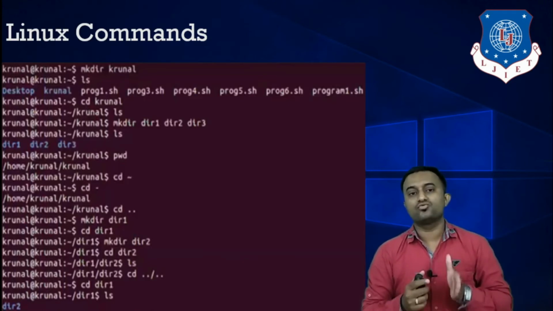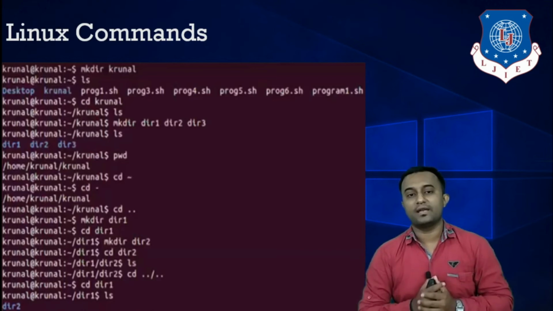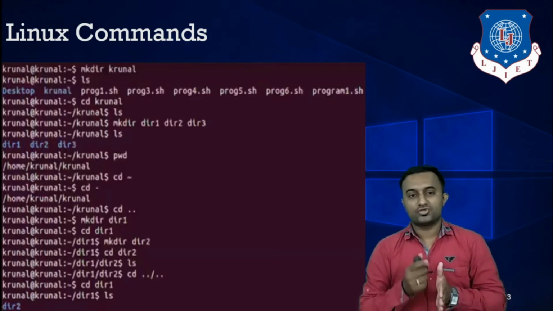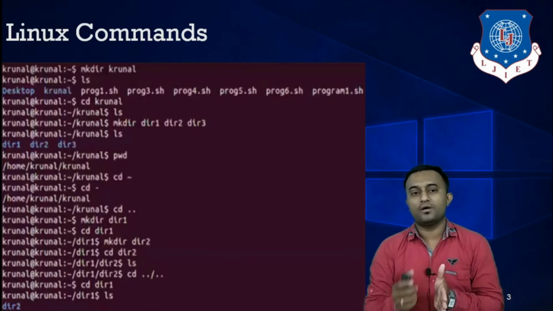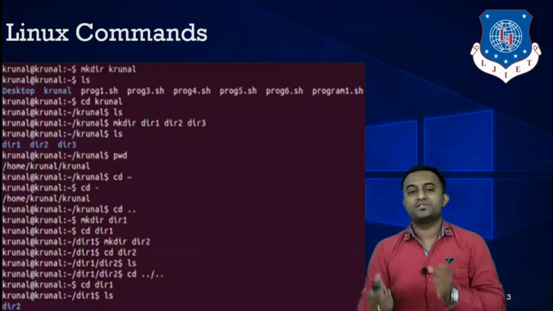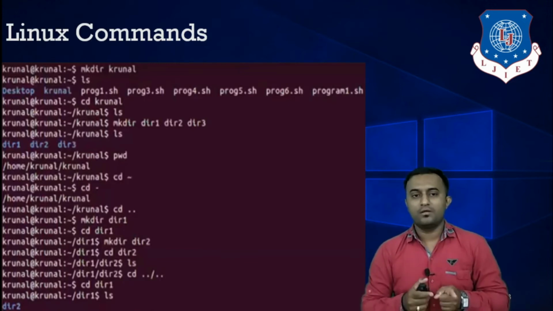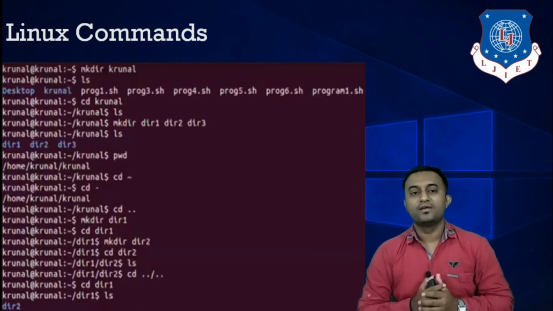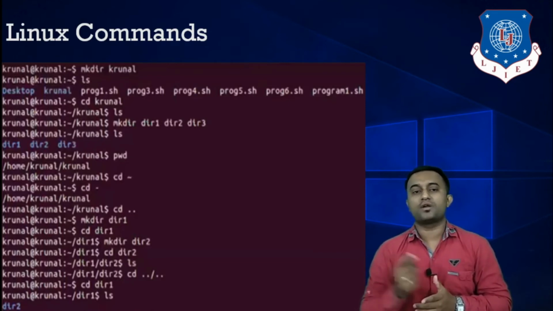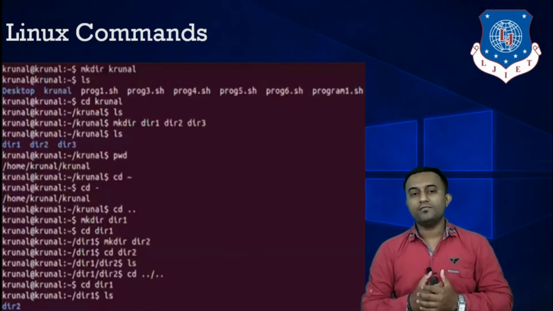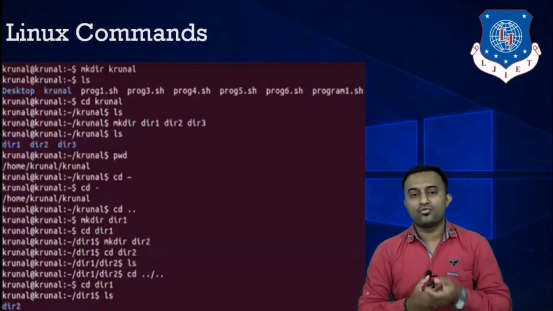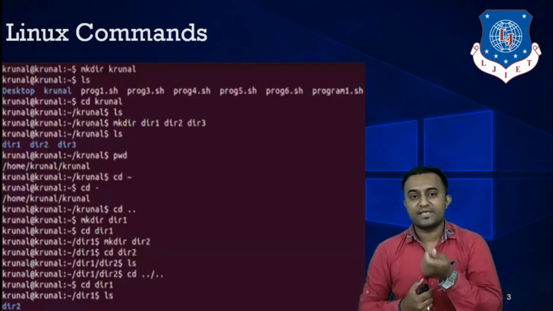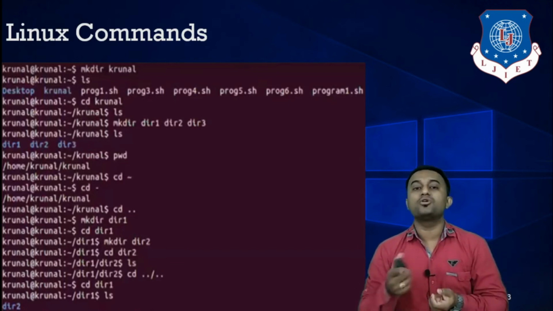If I want to reach that directory directly, first of all I need to go to directory 2, which is created in directory 1, and directory 1 is located in the Kunal directory. So if I want to directly reach the Kunal directory, I need to fire cd space dot dot slash dot dot.